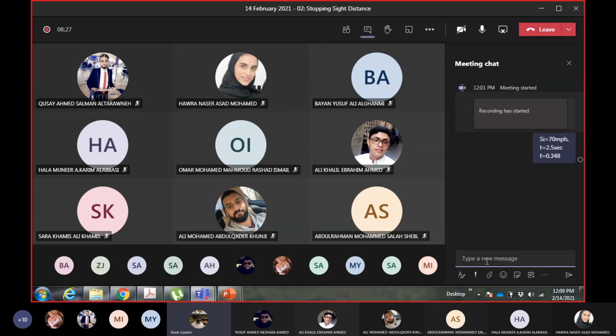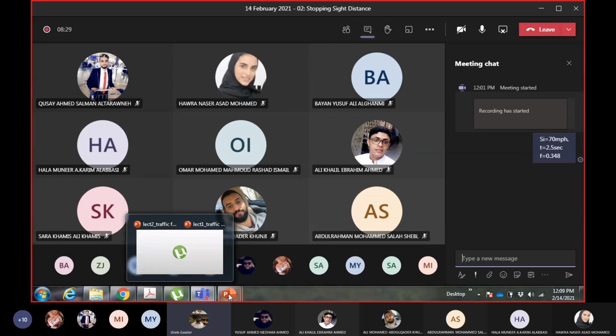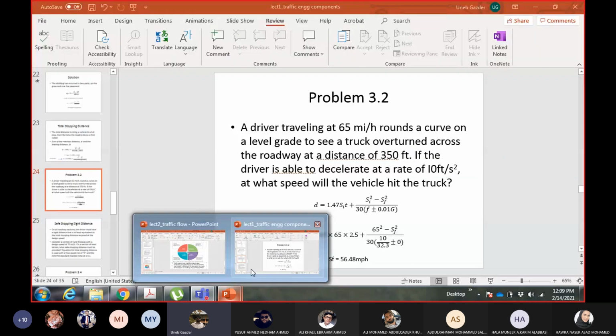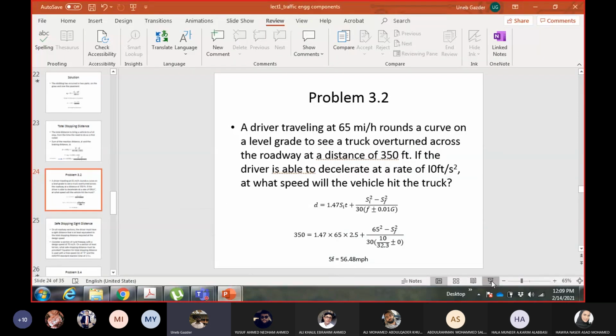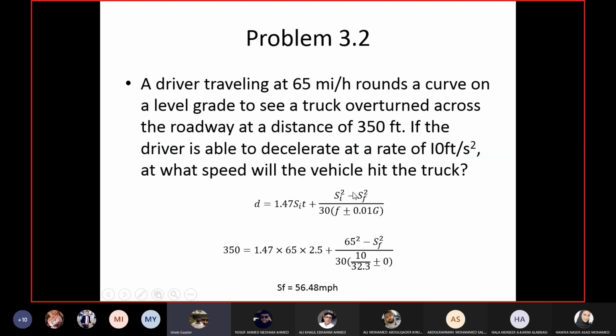So with these values, give me the value of safe stopping distance. As I said, just use this equation. G will be 0. Already given you all the other factors.